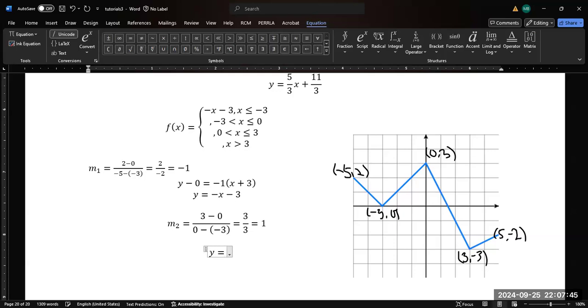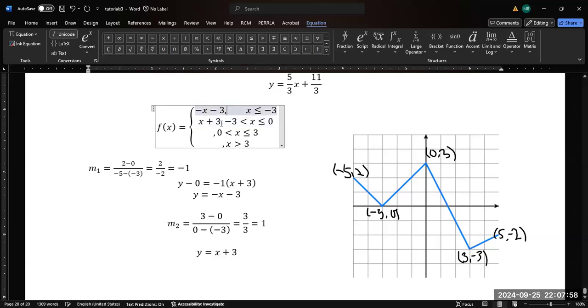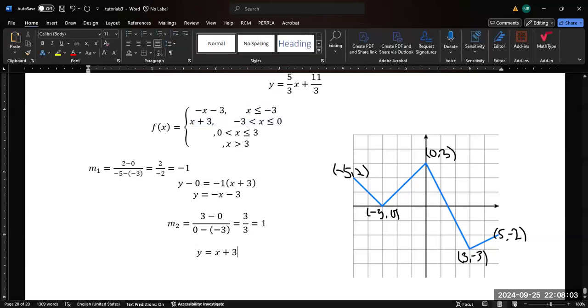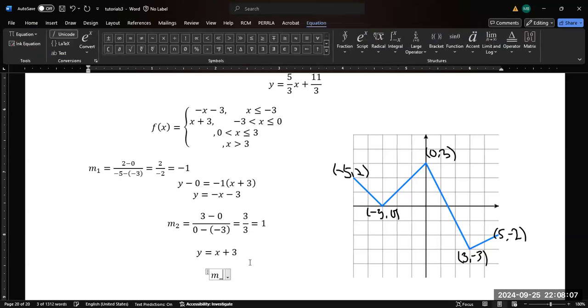So x plus 3. Since this is the y-intercept, we can just go ahead and use that. So copy, it's going to go there. Add some space just so that it spreads itself out. And then we'll go on to the next segment.